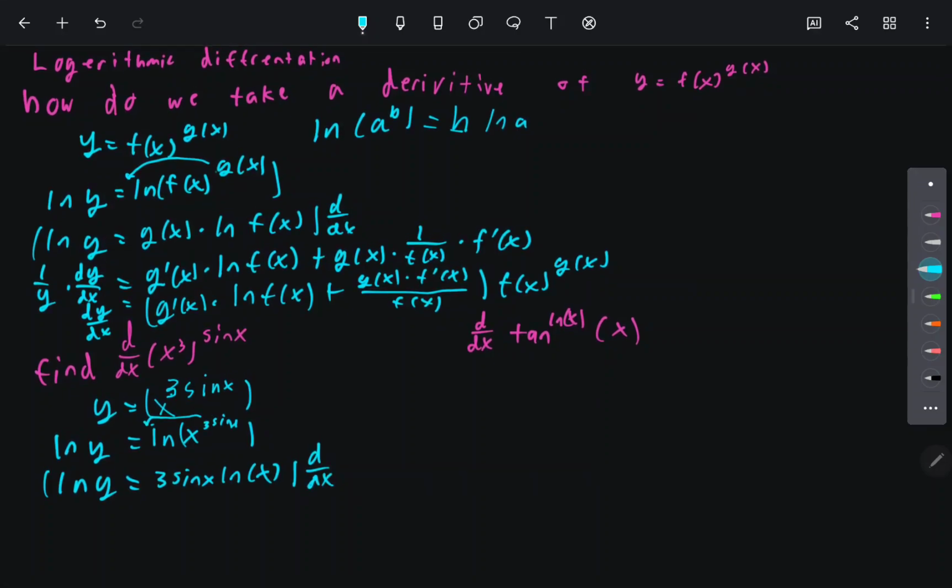So we get the derivative with respect to y of the natural logarithm, that's just 1 over y. The derivative of y with respect to x, that's y prime. And that's equal to the derivative of the first, well, that's going to be 3 cosine x, times by the second, that's just natural log of x. Alright, plus, well, we have the 3 sine of x times by 1 over x.